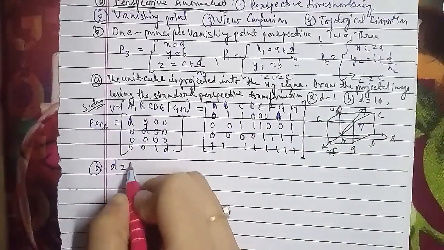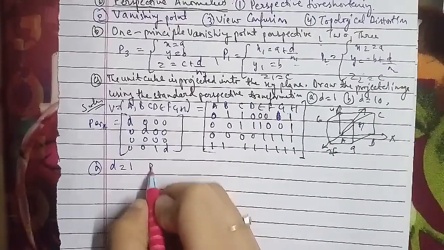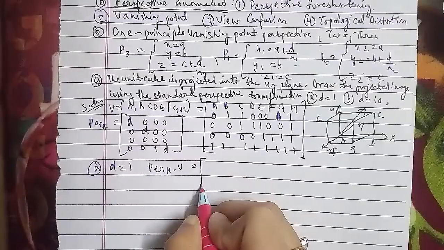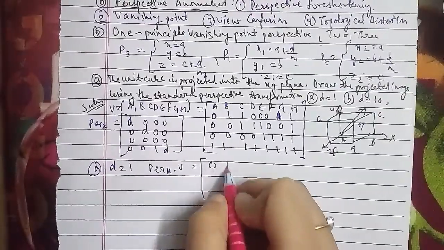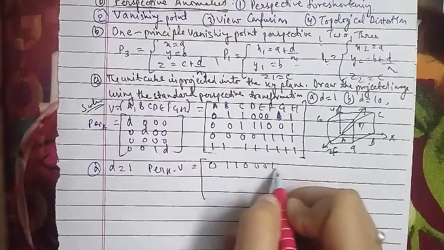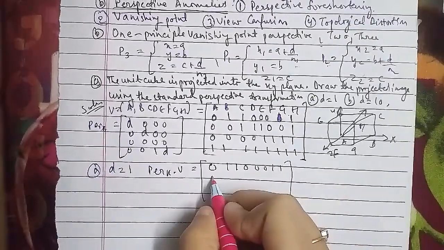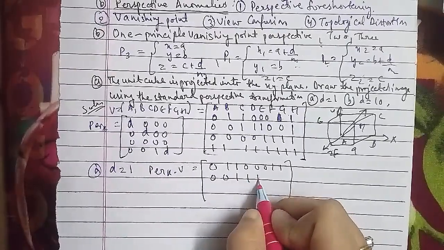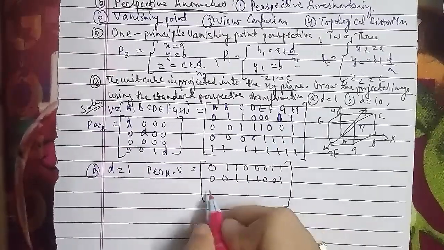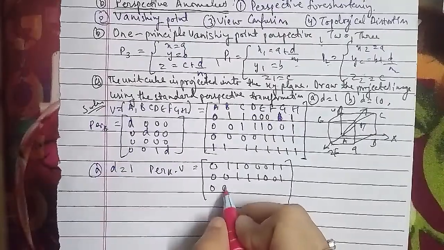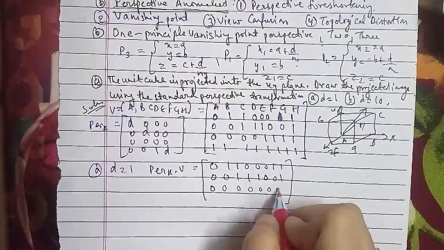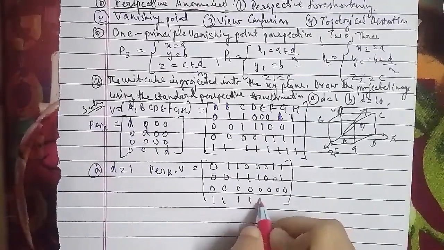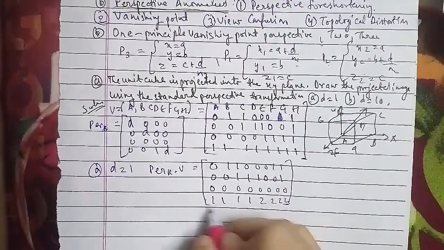For d equals 1, P into V is equal to a matrix with rows 0 1 1 0 0 0 1 1, then 0 0 1 1 1 and 0 0 1. The third row is 0 0 0 0 0 0 0 and 0. The other row is 1 1 1 1 2 2 2 2 here.